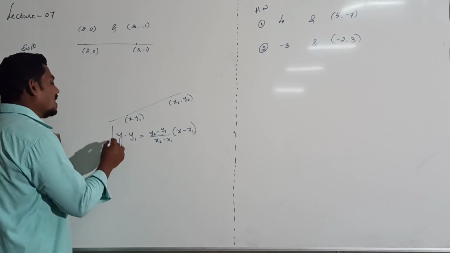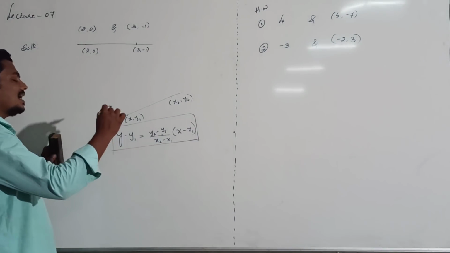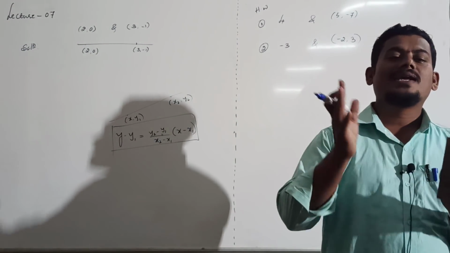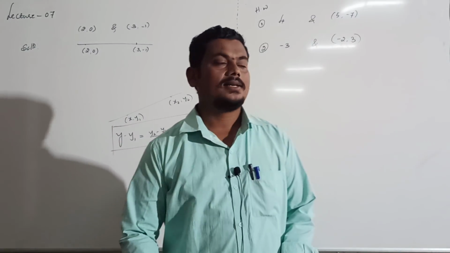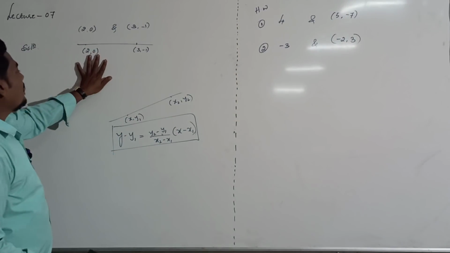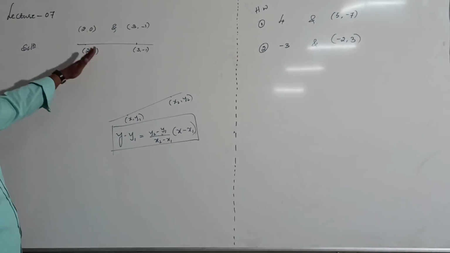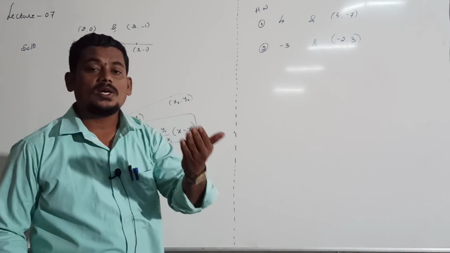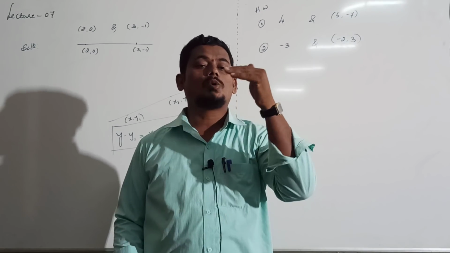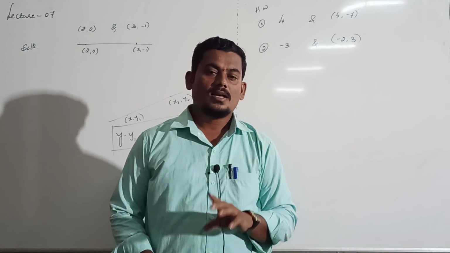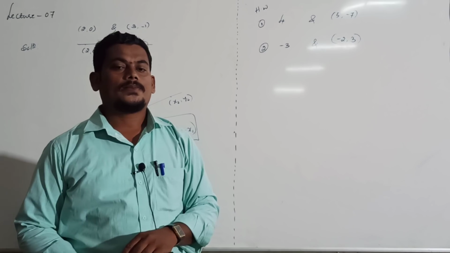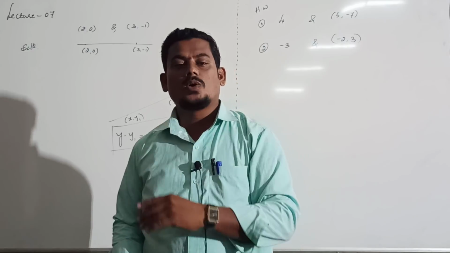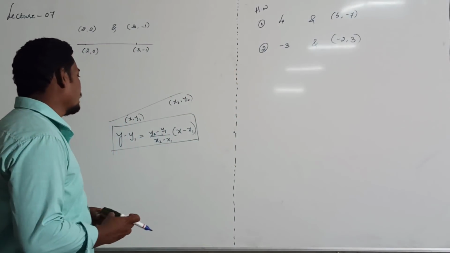This is the formula when 2 points on the line are given. 2 points on the line are given means our required line passes through the given 2 points, right? Just apply the 2-point formula. Why? Because our required line passing through given 2 points is the same as 2 points lying on that line, right? Both are one and the same.